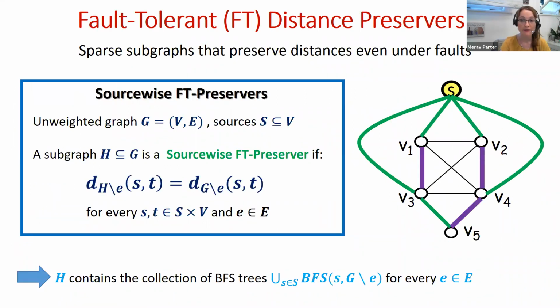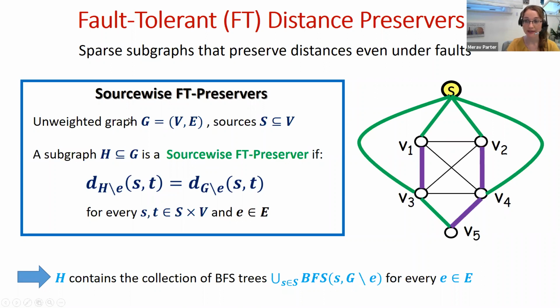Fault-tolerant distance preservers are sparse subgraphs that preserve distances under either edge or vertex faults, but in this talk we are going to restrict attention only to edge faults. In particular, we are going to consider the notion of source-wise fault-tolerant preservers. The definition of these preservers is as follows.